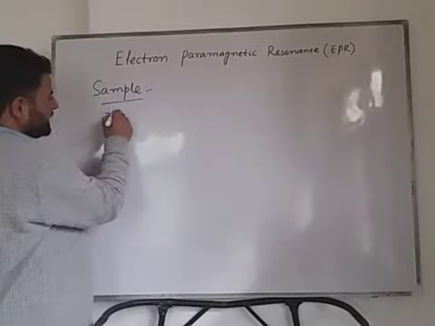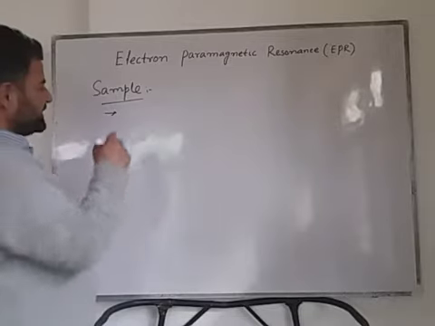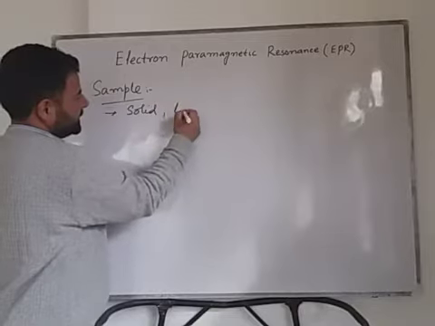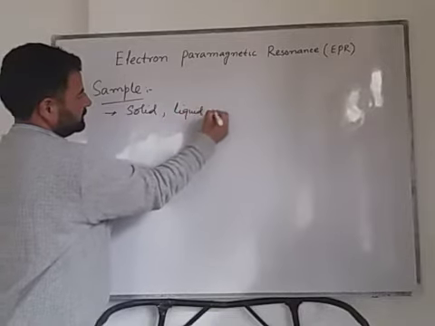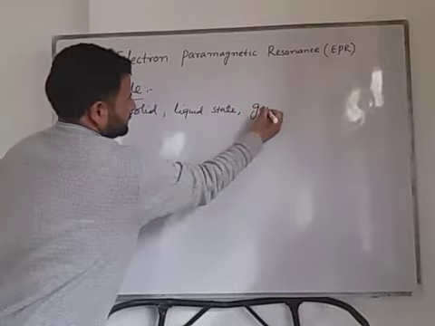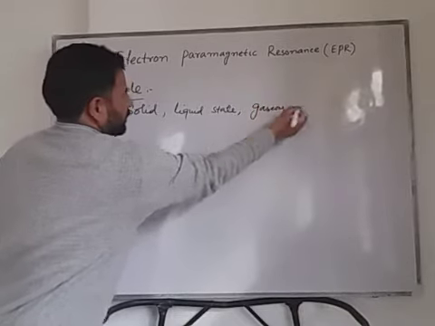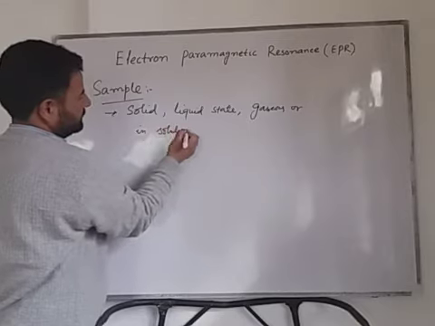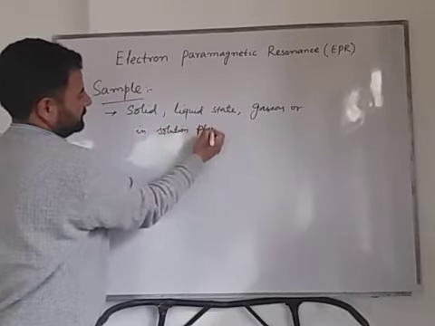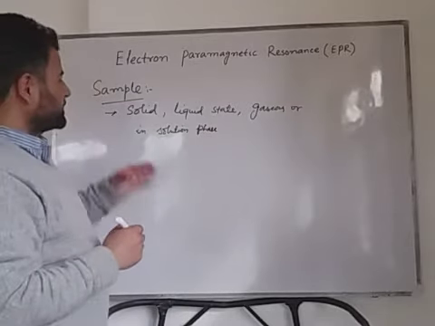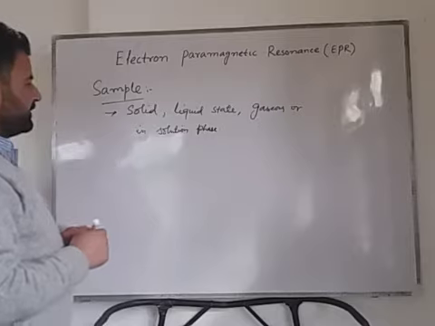One thing is that we can use samples in solid state, in liquid state, in gaseous state, or in solution phase. That means we can use the samples in EPR spectroscopy in any one of these phases.